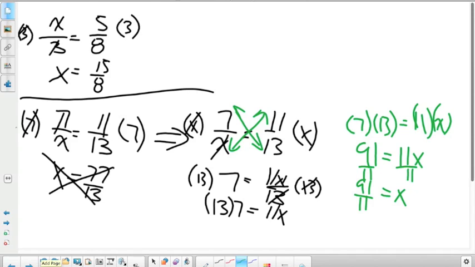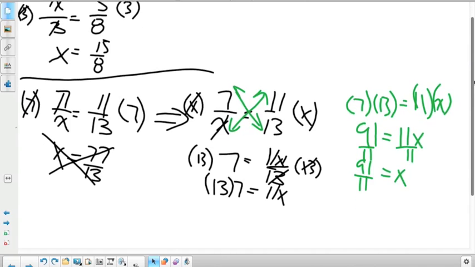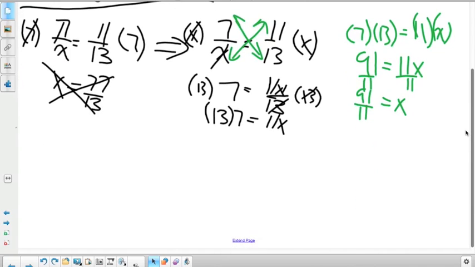Okay, very different from the answer before. The reason I want to point this out is that in the sine law we have ratios. I saw the sine law on the quiz.